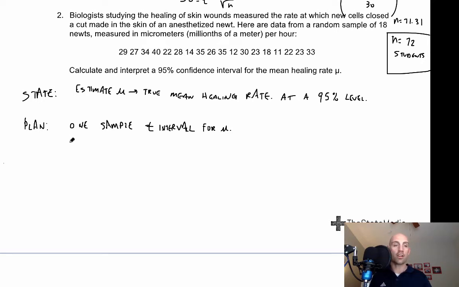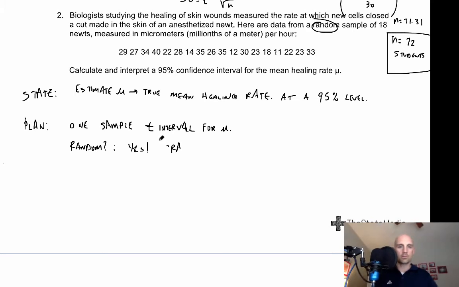And so then we need to find our conditions. So is it random? Yes, it says random right here. Oops. It is random. Okay, erase this little mark over here.